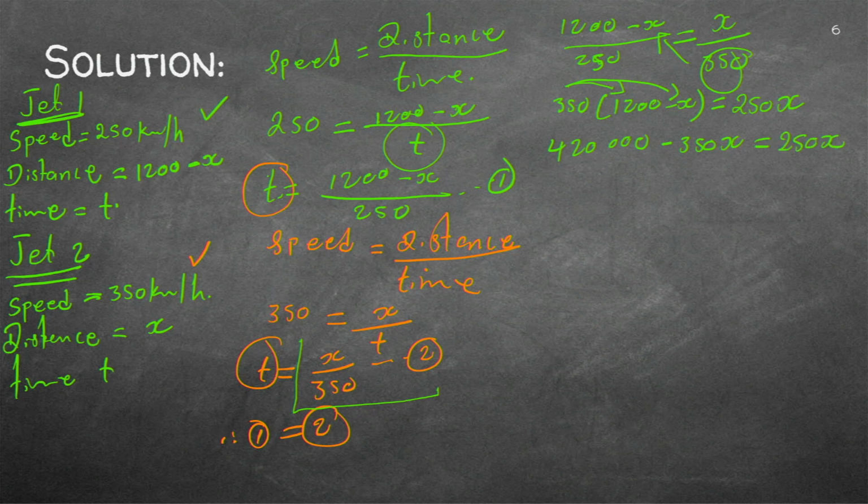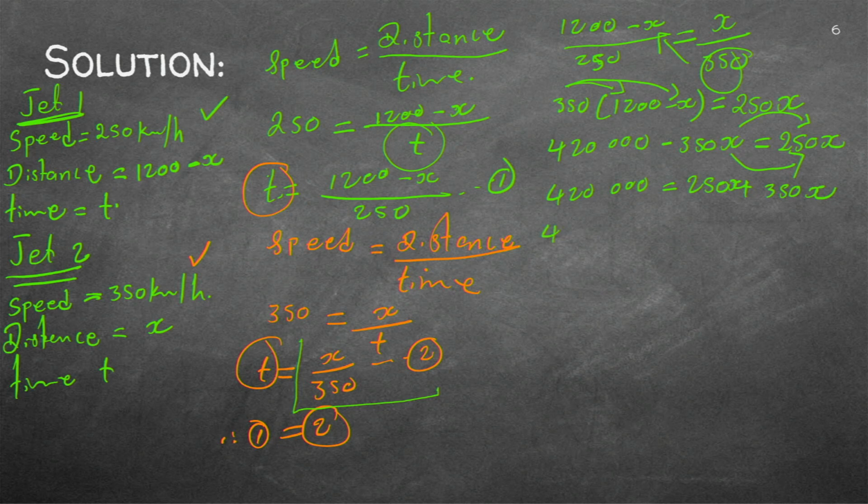And I equate this to 250x. So now let me just group like terms. So I need to take the 350x to the other side. So I'll be left with 420,000 equals 250x plus 350x. So I took the 350x to the other side, guys. That's why it's positive.